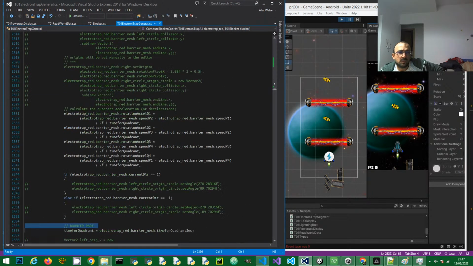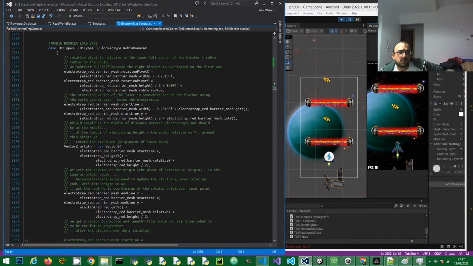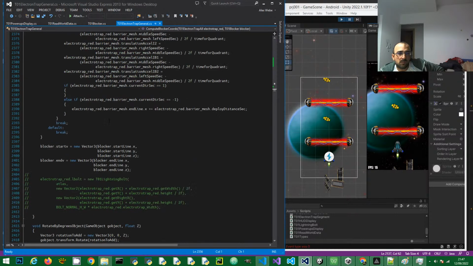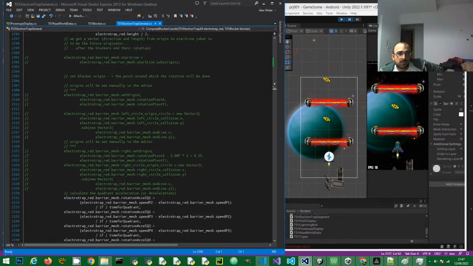Translation acceleration, since this is a Robin bouncer, we also have that. Okay. You see, here we set up the blocker. This is the old Java code.